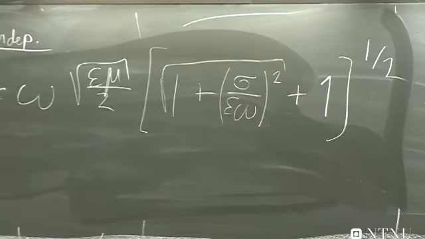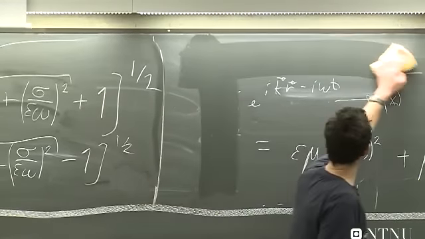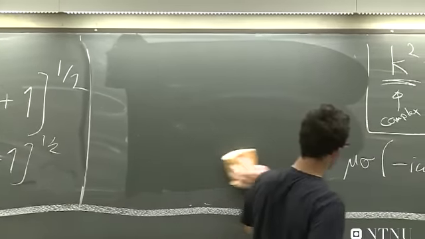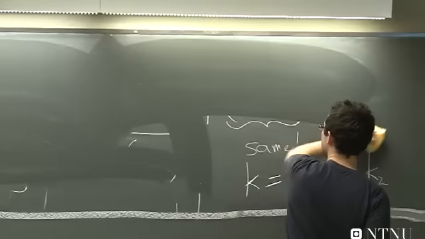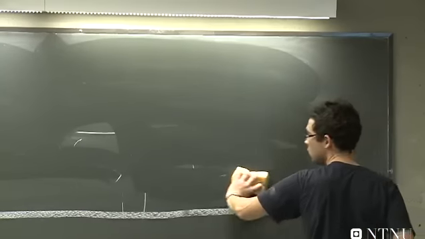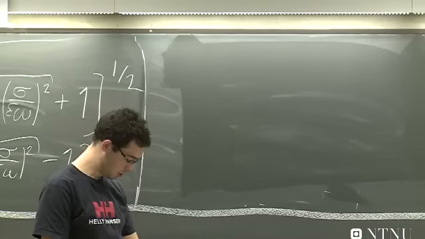But what does this do to our solution, the plane wave solution? Well, now I can insert k into here, real and imaginary part separately, and we'll have a look at that. Okay, so the plane wave looks like the following.